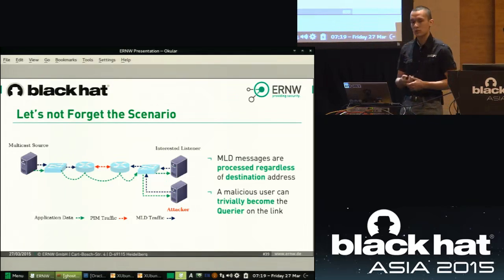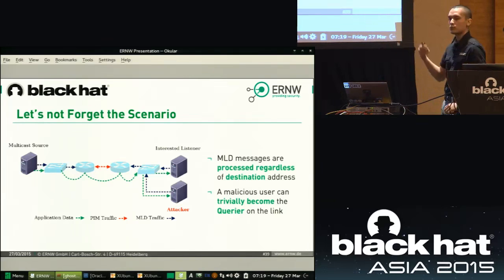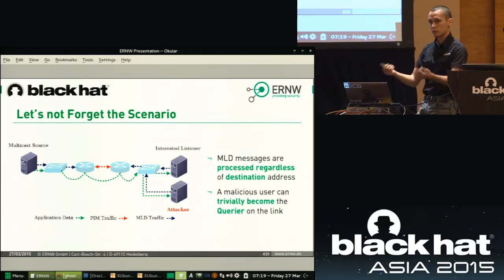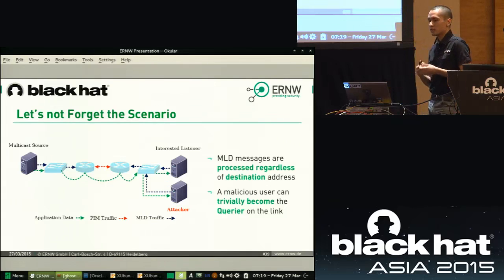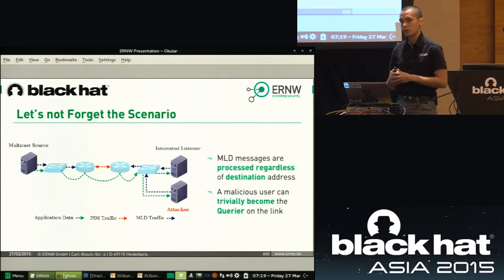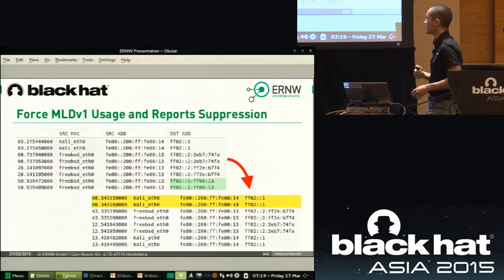Let's say there's video conferencing for the management going on, and this person wants to prevent this listener from receiving IPTV or video conferencing content. That's also possible due to the rather naive design of the MLD protocol.